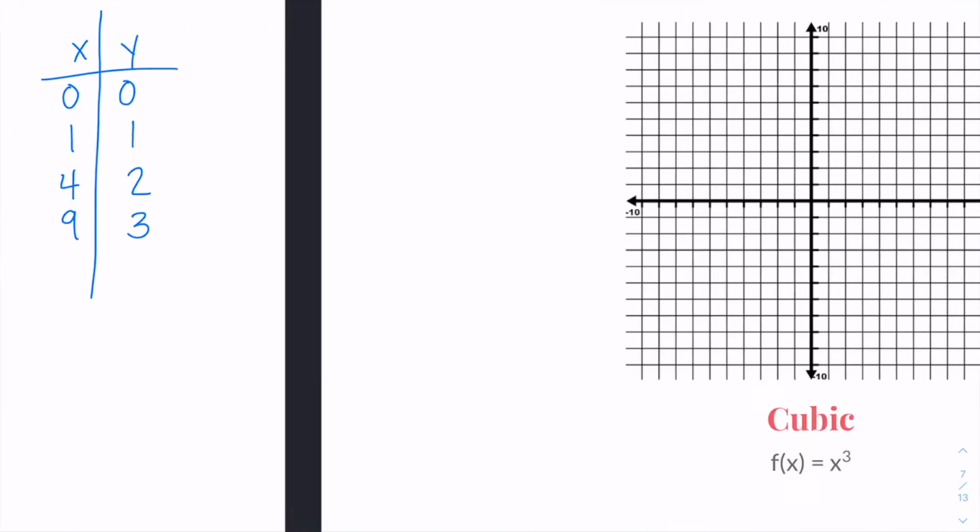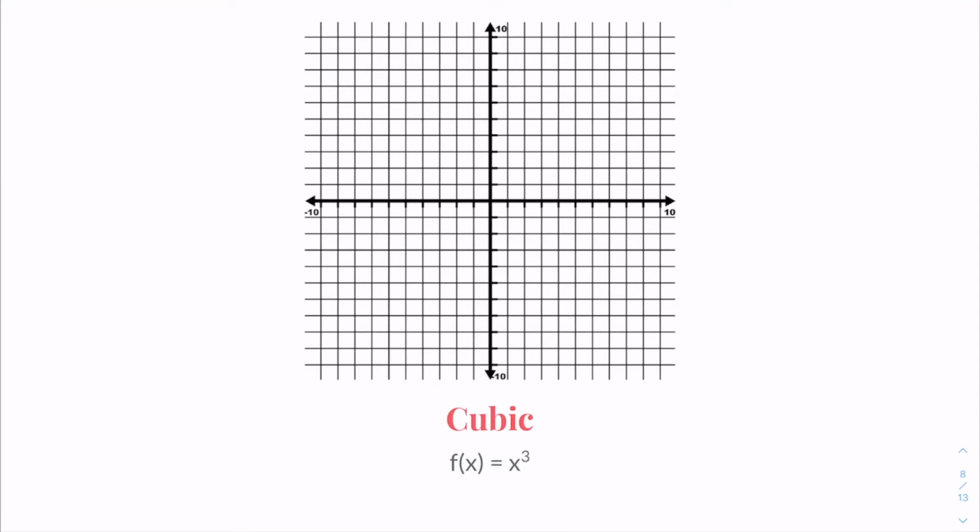Okay, our next parent function is cubic. f of x equals x cubed. All inputs are going to be cubed. So let's create that table of values again. Our cubic graph goes through the origin. Whenever we cube 1, we get an output of 1.